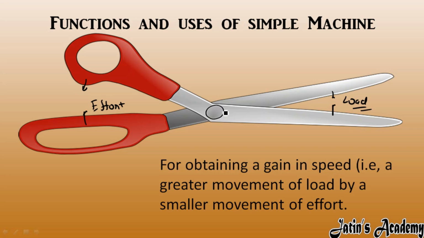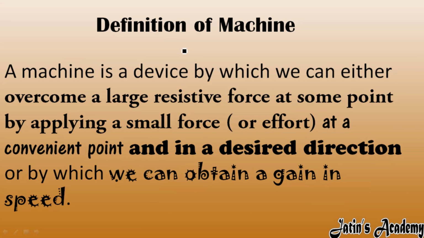Now after summarizing all these functions, we get one definition of a machine. The definition of a machine is based on its function. So a machine is a device which can either overcome a large resistive force, meaning it acts as a force multiplier, at some convenient point by applying a small force.